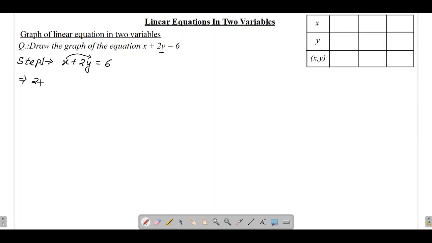So it gives us 2y is equal to 6 minus x, and now we will shift this 2 to the right hand side, which gives us y is equal to (6 minus x) divided by 2. So here we have represented the value of y in terms of x. We can consider this as equation number 1.